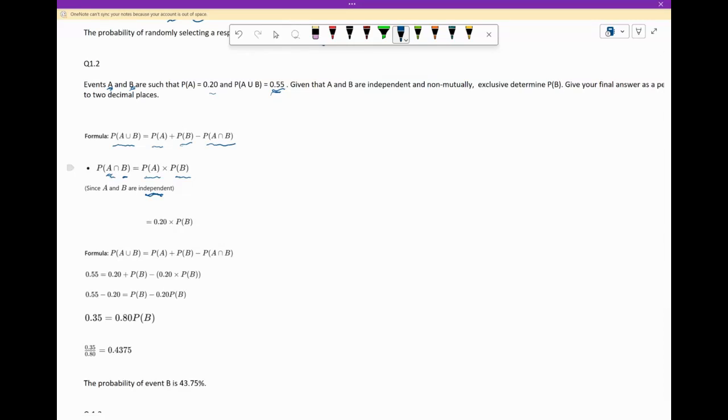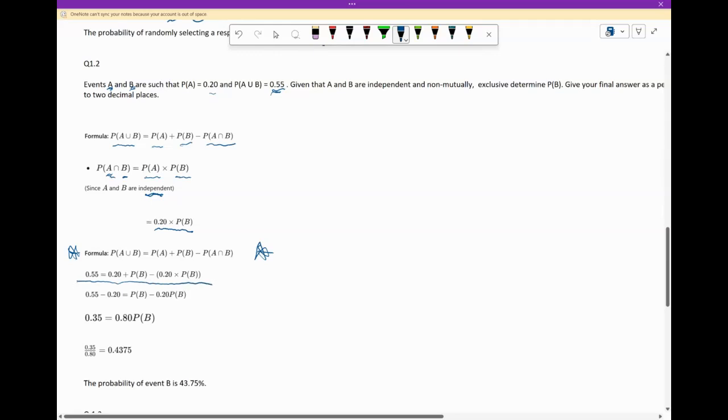So we now know this to be 0.20 times the probability of B, because we don't know what B is. So we substitute that into our main formula, which we have done here.